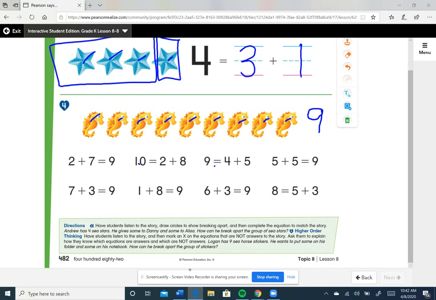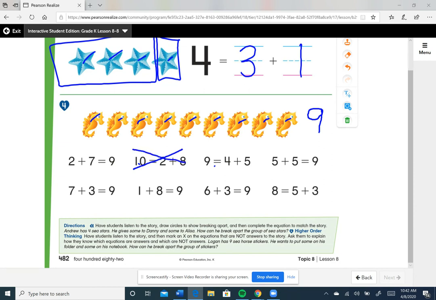How about this? 10 equals 2 plus 8. Does that show this? Well, 2 plus 8 does equal 10, but how many seahorses do we have? We only have 9, so we can't have 10, can we? So we're going to cross that one off.